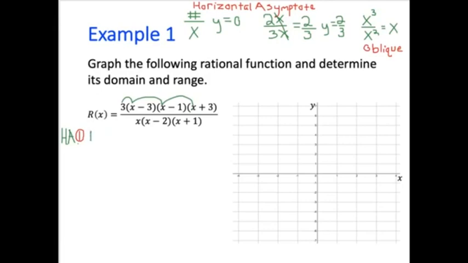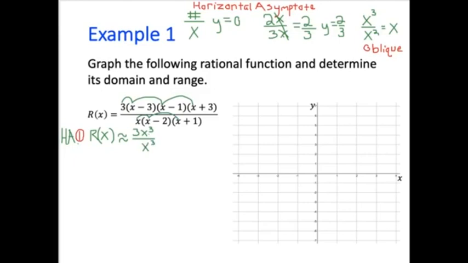So what I have then is r of x, if we're just going to use the leading terms on the top and bottom, it's approximately, in the numerator we have 3x cubed. Now we can do the same thing in the denominator. So I have x times x times x. That's going to be x cubed. Notice here that I have the same power in the numerator and denominator.